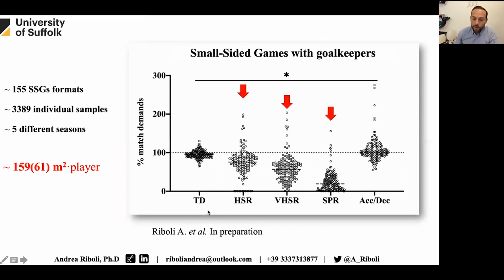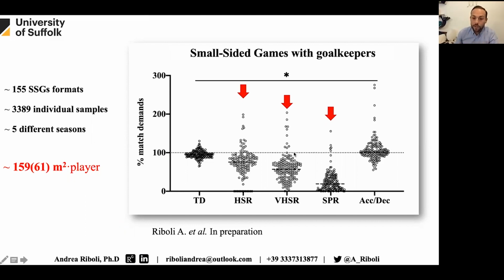In this graph, you can see on the x-axis different metrics: total distance, high-speed running, very high-speed running, sprint, and acceleration. Each circle is a different small-sided game format, and within each circle, there are a lot of different measures of the same format of small-sided games. On the y-axis, you can see a percentage with regard to match demands.